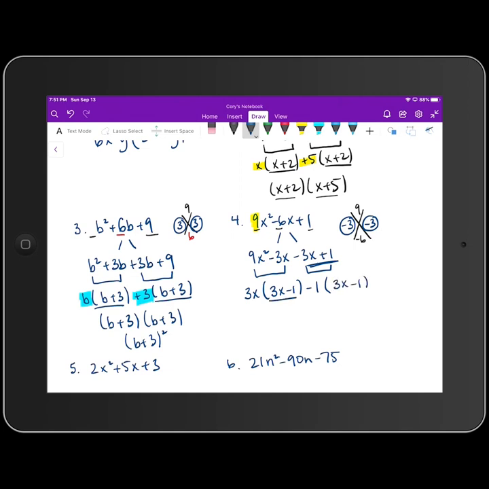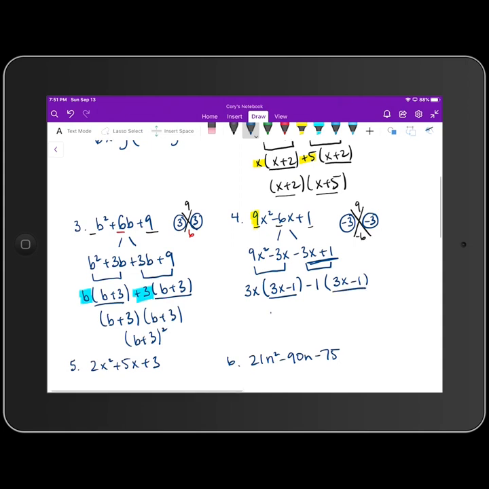So we get the same exact quantity inside the parentheses here, and I can factor that out of both expressions. When I factor out the 3x minus 1, that leaves me with 3x minus 1. So we have another factor of 3x minus 1, which means that this is going to factor to 3x minus 1 quantity squared.